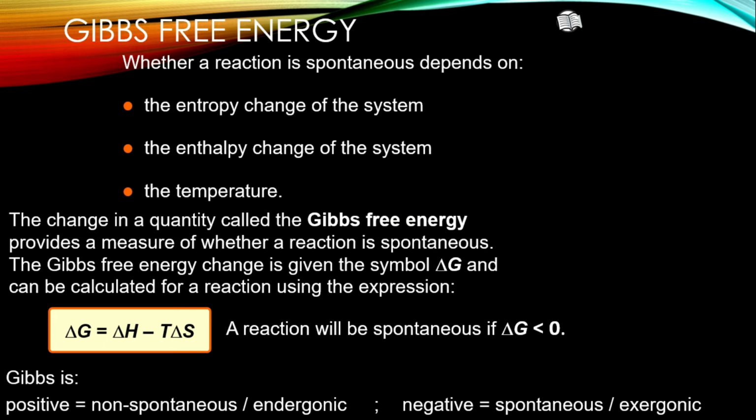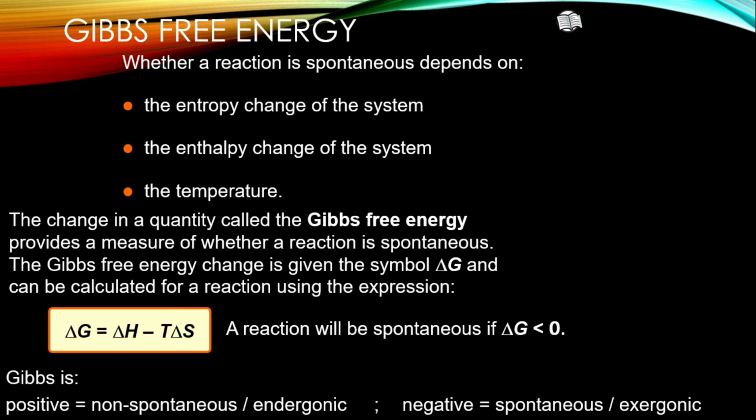So kapag ang lumabas sa ating computation ay positive ang value, then that means hindi spontaneous. Ibig sabihin, kailangan ng external action or kailangan ng intervention or kailangan ng work doon sa system para magkaroon ng reaction. The other term for non-spontaneous is endergonic. Yung value na lalabas, ibig sabihin yun yung kailangan na amount ng heat na i-introduce doon sa system para magkaroon ng change or para magkaroon ng reaction.